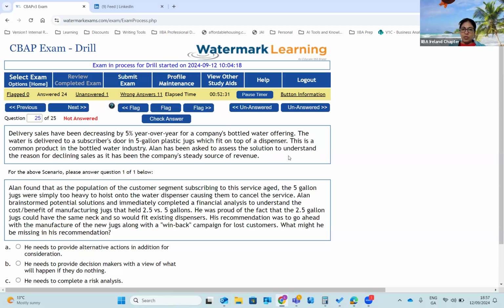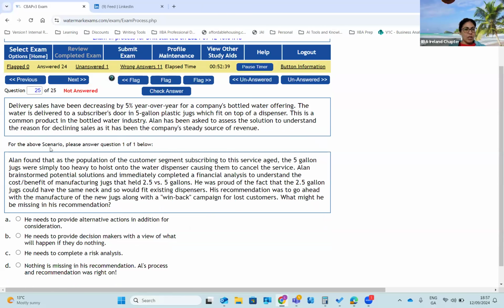Alan has been asked to assess the situation to understand the reason for declining sales, as it has been the company's steady source of revenue. For the above scenario, please answer this question. Alan found that as the population of the customer segment subscribing to this service aged, the 5-gallon jugs were simply too heavy to hoist onto the water dispenser, causing them to cancel the service.